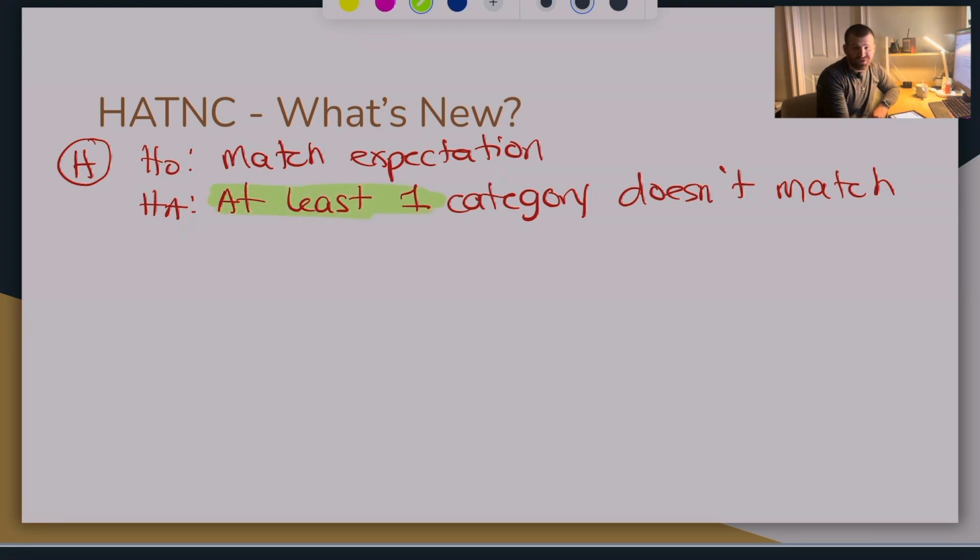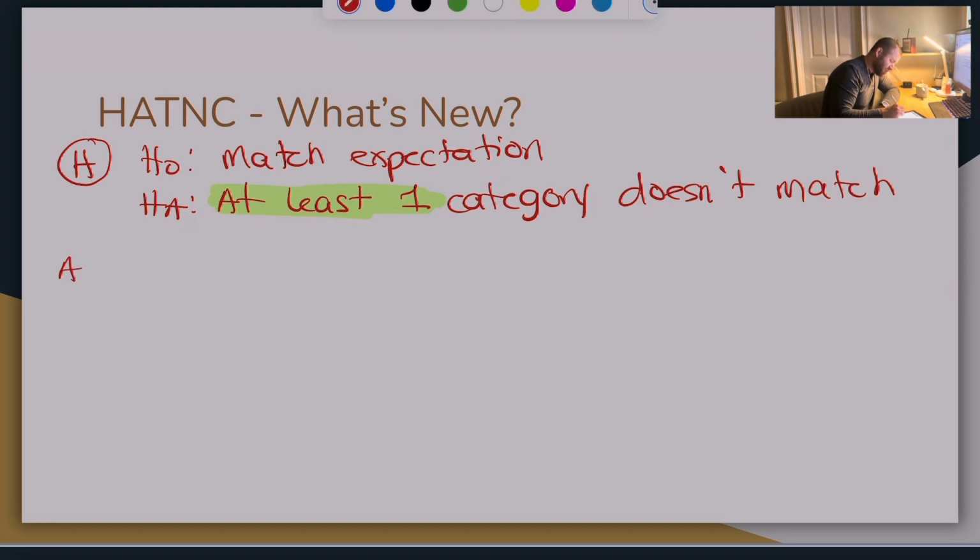We're not saying every category is different, but if one category is different, then your sample does not match the expectation. So you may have one or two that don't match and two other categories that do, right? But our alternative is that at least one is different. Because if the null is that everything matches, the complement of that, if you think probability-wise, is that at least one is going to be different from the expectation.